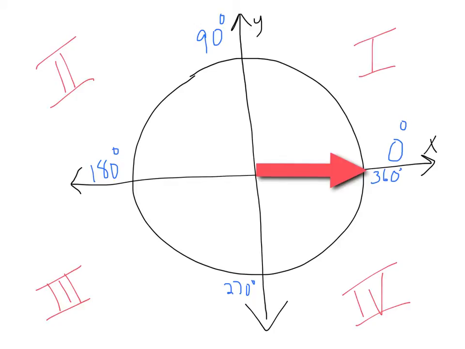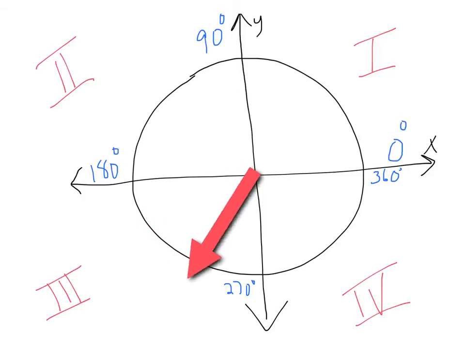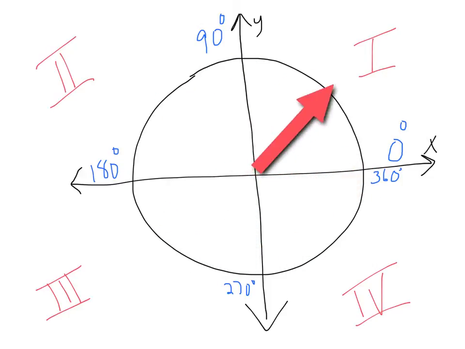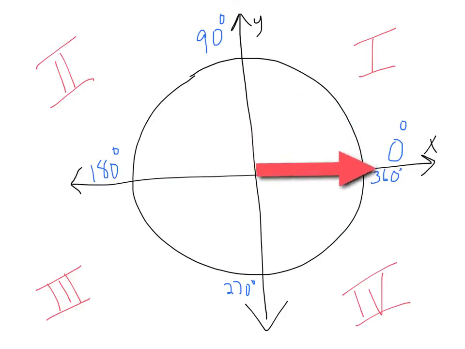So if I move this any number of degrees around my circle, I will end up with an angle of rotation in a positive direction or in a negative direction. So this is the first time you're going to actually see negative angles of rotation. That doesn't mean that the angle itself has a negative measure. It's the direction in which you're rotating.